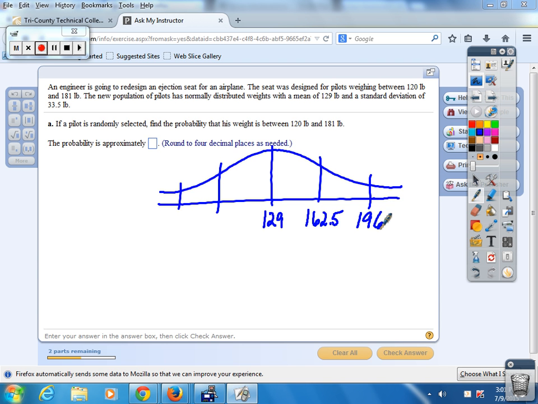All right, back. 95.5. Sixty-two. All right, the seat was designed for pilots weighing between 120 and 181 pounds. So 120 and 181 pounds.